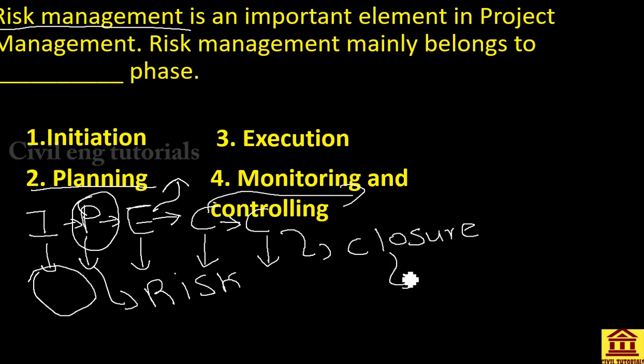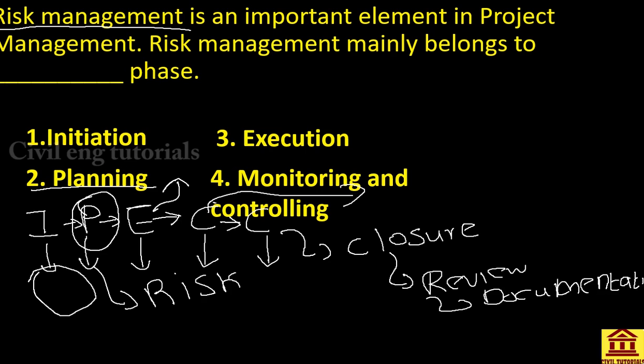In the closure phase, we may have elements such as the closure point of the project, reviewing the project, accepting the comments on the project, and the documentation of the project, etc. So that's it for this question. The answer is that risk management mainly belongs to the planning phase.